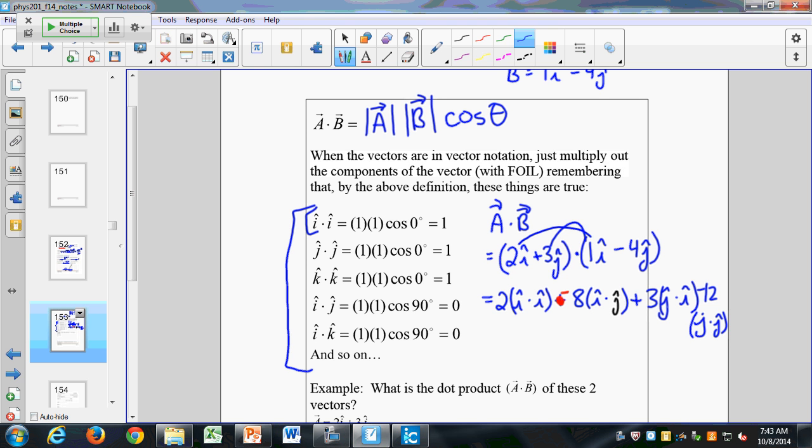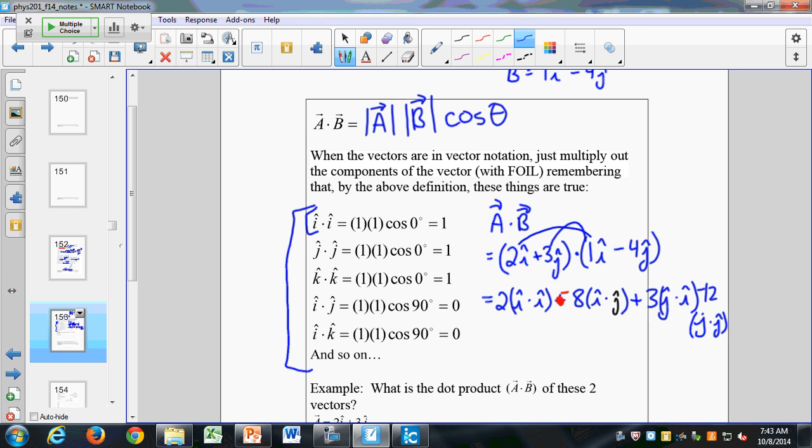However, if I have i dot j right here, where the angle is 90 degrees, then that dot product will be 0, because the cosine of 90 is 0. Similarly for i dot k, and j dot i, and k dot i, and j dot k.